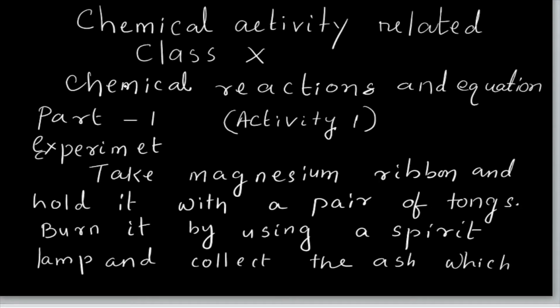done with care. So now we will see the part 1 activity. The chapter is chemical reactions and equations. Always remember the chapter: chemical reactions and equations. What is the activity? See, this is the activity. Take a magnesium ribbon.